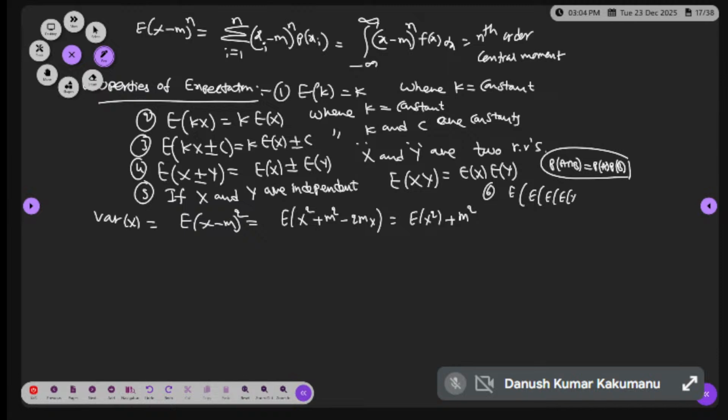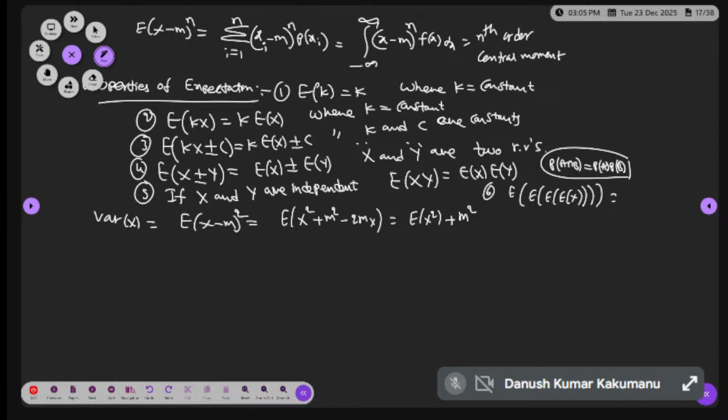Expectation of the x. What is the answer? It is a test of how much you understood. Expectation of x, any number of times. What is E of x? E of x is the mean, some constant value.